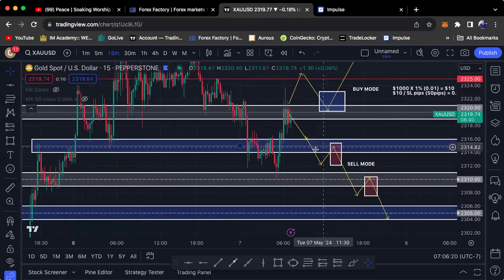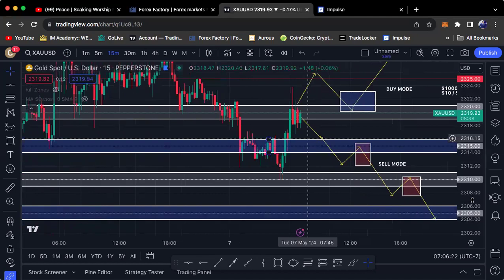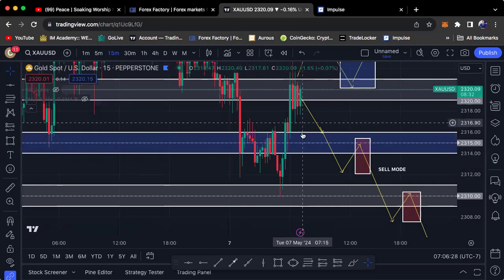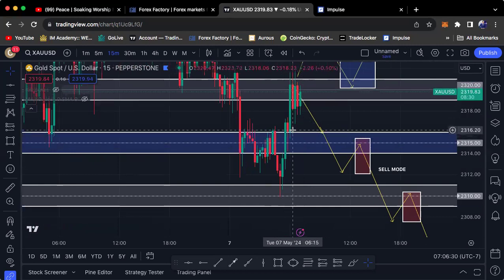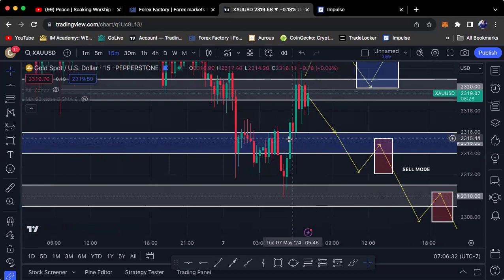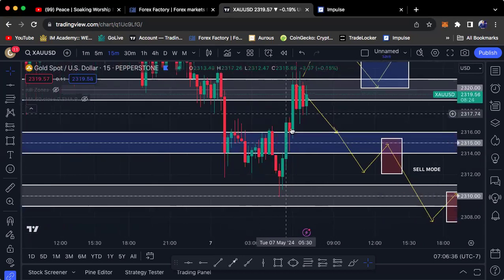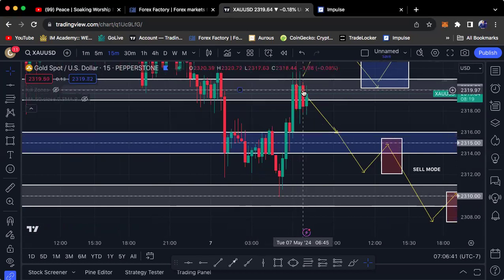The reason why I drew 2315 here is because this is where price currently is. I drew it below price because I'm waiting for price to break below the structure here. It was a resistance, then broke above, became a support, and then created resistance here.